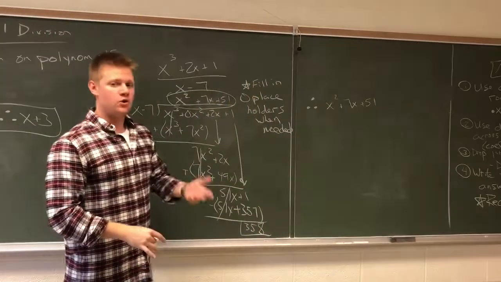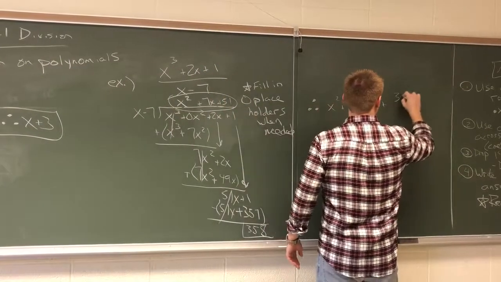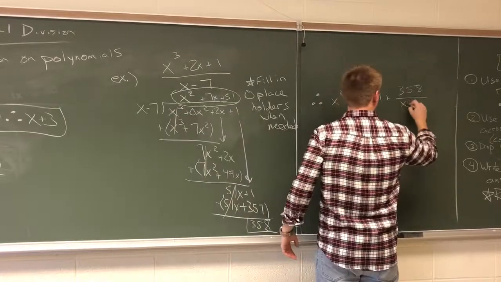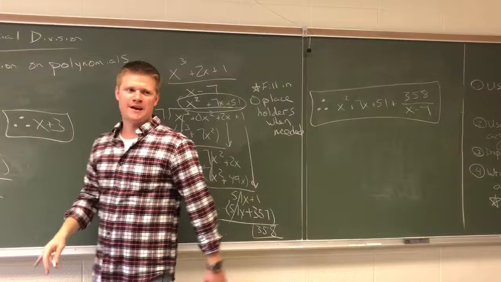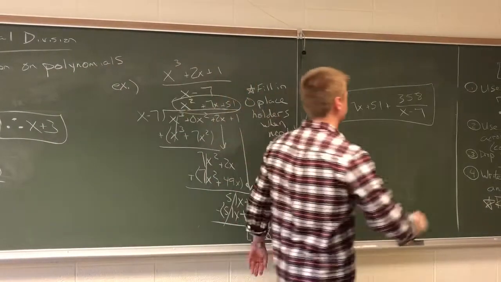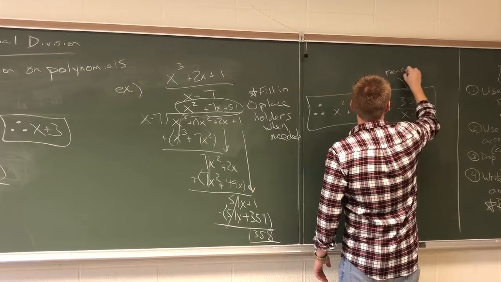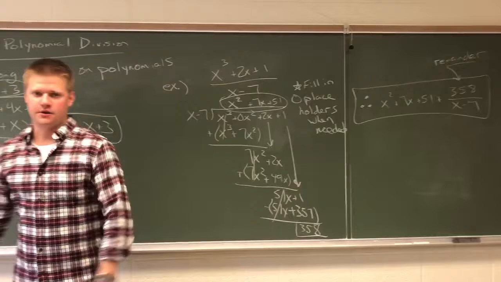The remainder must always be written this way. 358 over the divisor, the x minus 7 in this case. So again, the full remainder when we divide polynomials must be rewritten over the divisor.